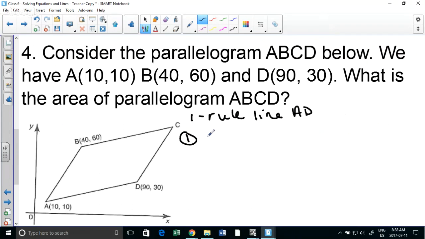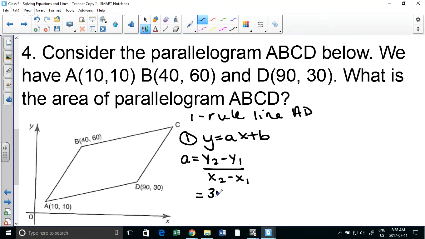When we're finding the rule, y equals ax plus b, you need to find the slope, y2 minus y1 over x2 minus x1. In this case, we have 30 minus 10 divided by 90 minus 10. Continuing along, that gives me 20 over 80, which reduces to 1 over 4.